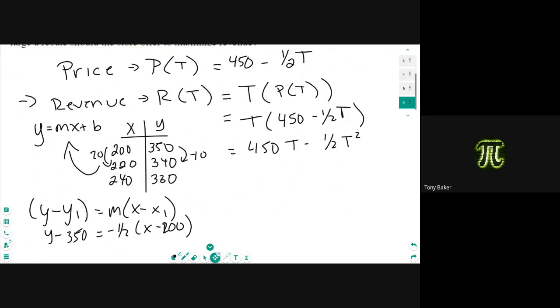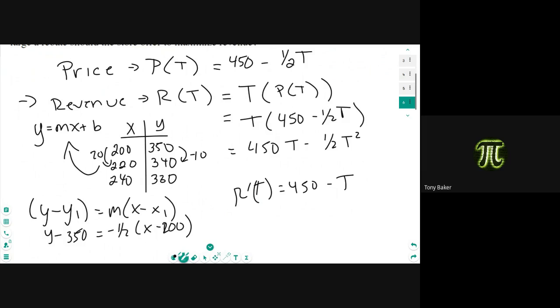So what's my critical number? 415? Oh, 150. $450, right? You said? Okay. I thought you said 150, and I'm like, that doesn't sound right. $450.